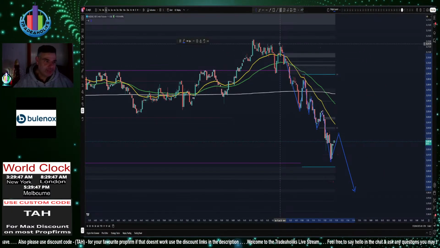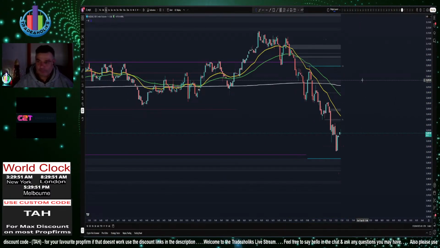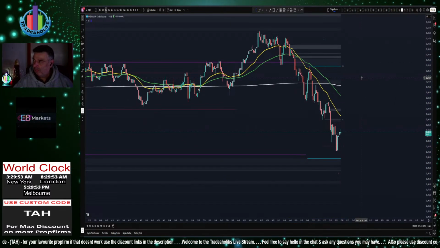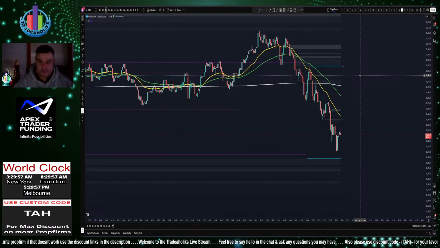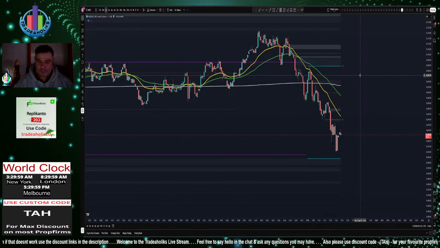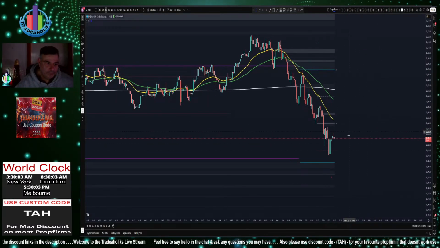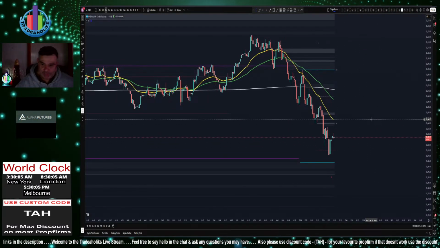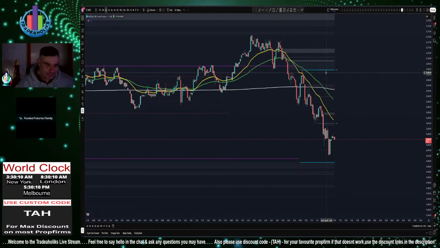We can start from there, I guess. 30 minutes into creating the initial balance box.